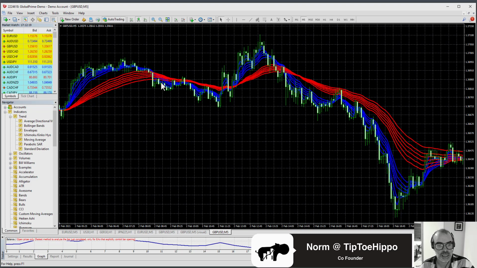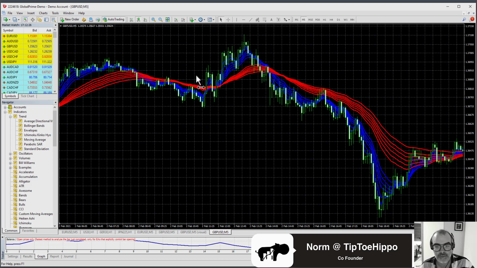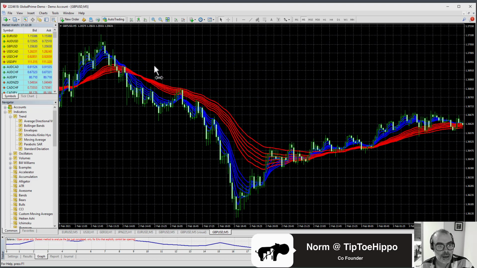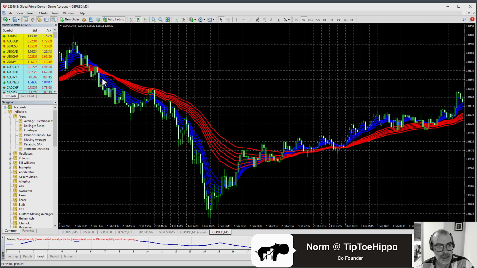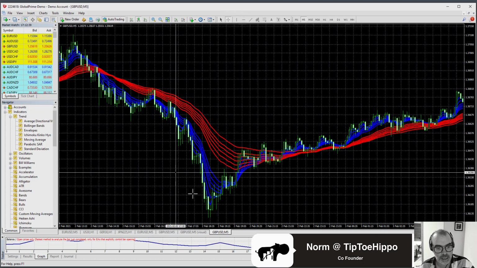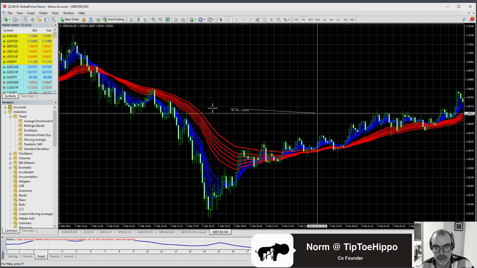It's a little bit messy in here, so maybe if we thought it was going down, we'd enter here, and then we exited here on the other side of it. We might have made a little bit of money there, and then we'll enter here and take this down here, and we'll make a really nice amount of money down here. Look how good this trade would be. We'd get in up here and come all the way down here.